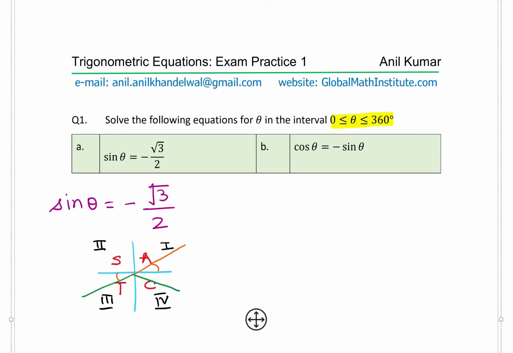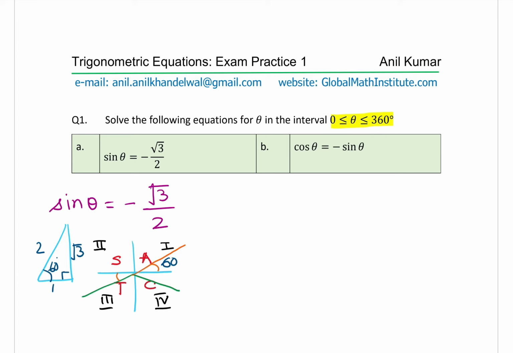If you see square root 3 over 2 types, then you know it is also a special triangle. Many times in test papers, the calculator is not allowed, so these numbers give you an idea. Here we have our right triangle, whose sides should be 1, 2, square root 3. Sine theta of square root 3 over 2 means we're talking about 60 degrees. So the acute angle here is 60 degrees.